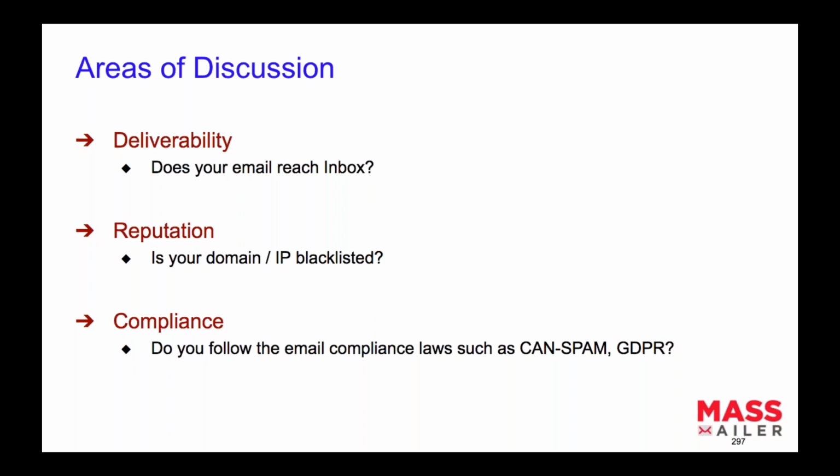And why is reputation important? Again, it goes back to the same story. Spammers can spoof your email and act as if it is you or your domain, and they can spam the world. So making sure that your domain is not compromised and your IP address is not compromised, you've got to monitor that.